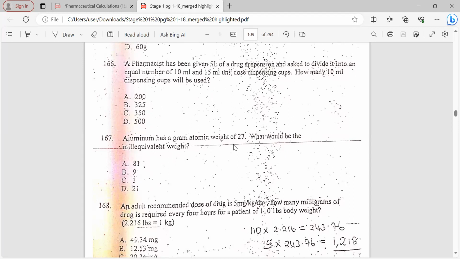Aluminium has a gram atomic weight of 27. What would be the milliequivalent weight?